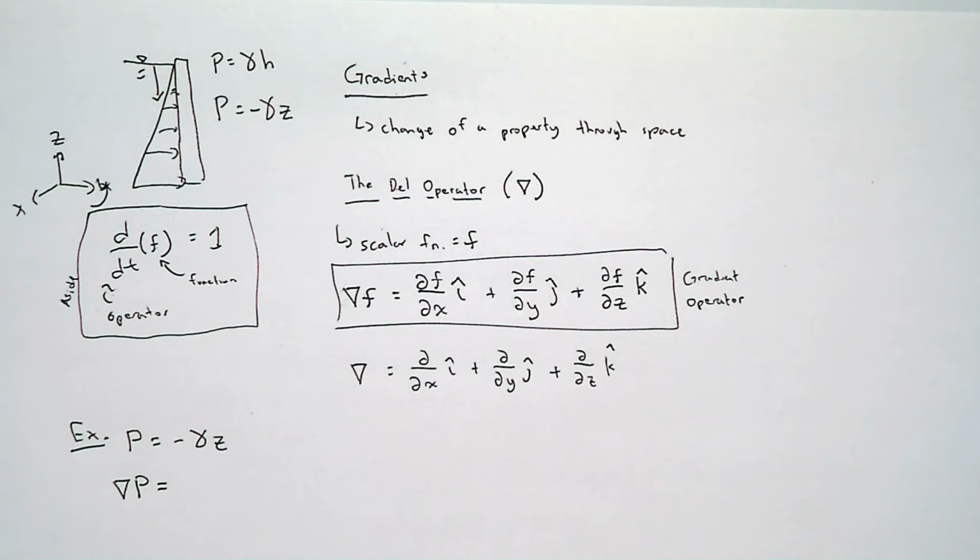First off, when I say del P, what am I trying to express physically? The gradient, right? And how do I find that gradient mathematically? Use the formula. So let's go ahead and use the formula.